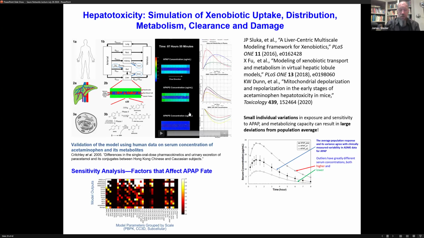Inside of each of the simulated cells, we have a metabolic model, and we're calculating how much of the toxic byproducts are produced. If the toxic byproducts are too high, the cells die. And you can then model that. You can look at patient variability between individuals to try to understand susceptibility to toxicity there.